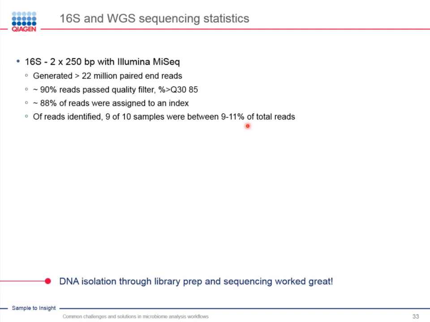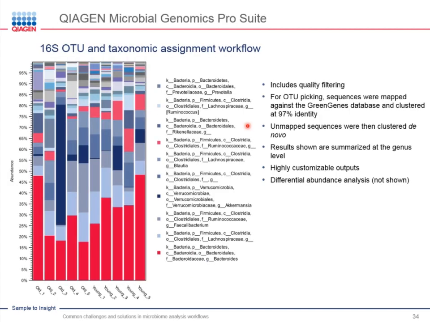After running the data in the Microbial Genomics ProSuite, this is the first plot we obtained. This is giving you the results at the genus level, and as already mentioned, you can customize your outputs the way you want them.